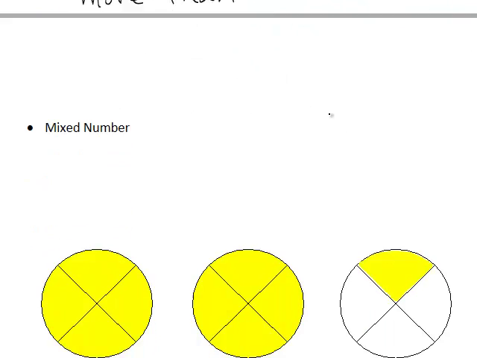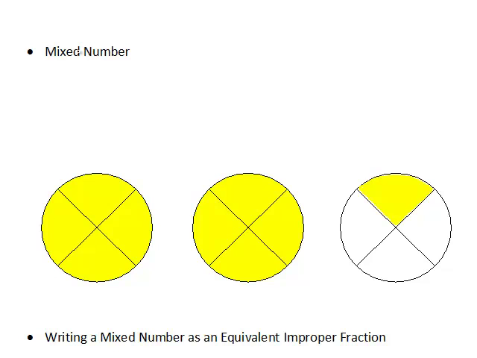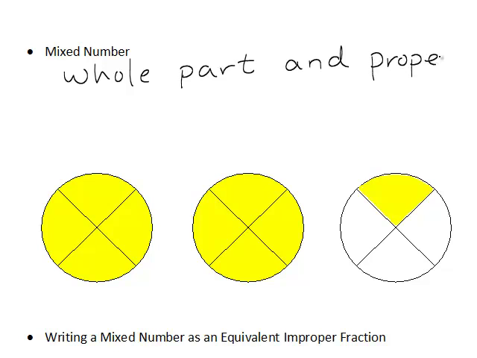A mixed number has a whole part and a fraction part. A whole part and not just any old fraction, but a proper fraction. So this would be something like 1 and 1/3. That's 1 whole and 1/3 of another.